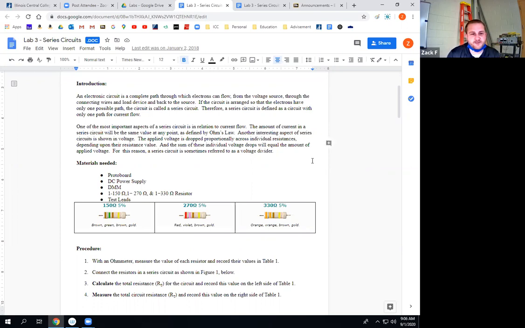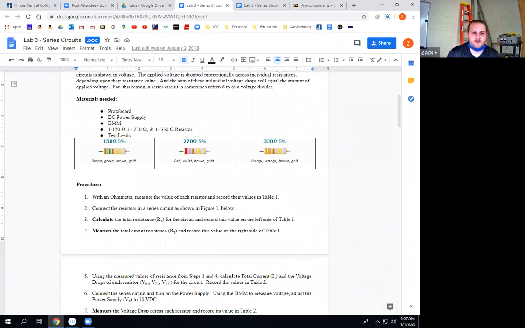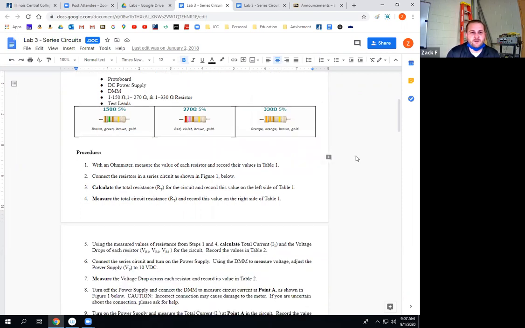Another interesting aspect of series circuits is shown in voltage. The applied voltage is dropped proportionally across individual resistances, depending upon their resistance value, and the sum of these individual voltage drops will equal the amount of applied voltage. For this reason, the series circuit is sometimes referred to as a voltage divider. Now, we got into this a little bit in Thursday's lab.